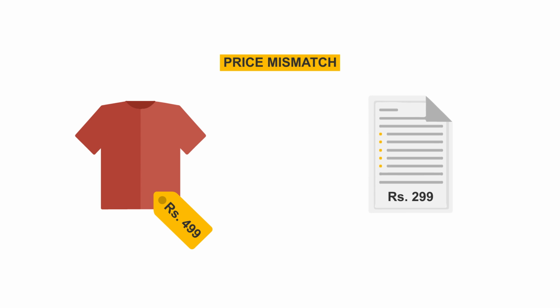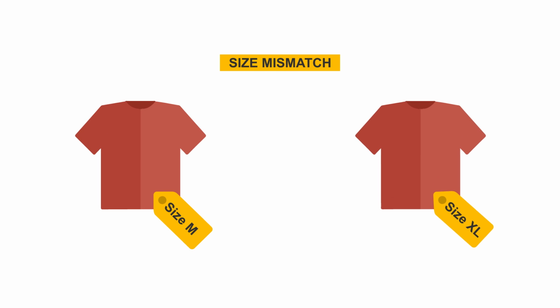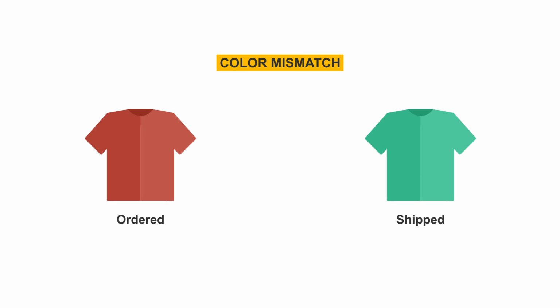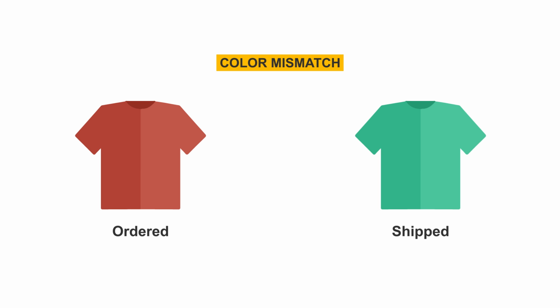Let us now have an understanding of the reasons for quality check failures. These include price mismatch: the price mentioned in the PO and on the product's tag are different. Size mismatch: the size of the product in the PO is different from that in its tag. Color mismatch: the color of the product mentioned in the PO is different from that on the tag.